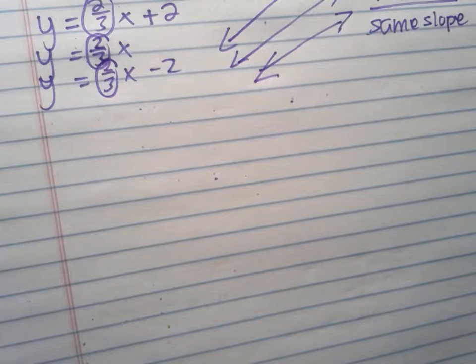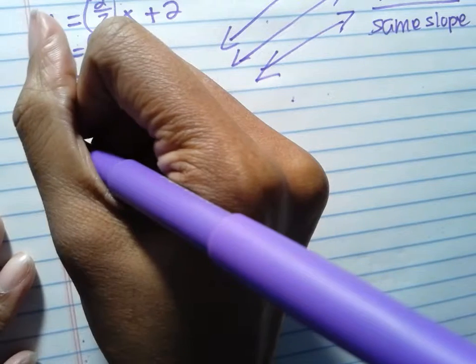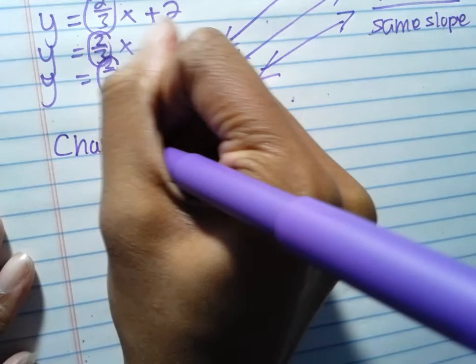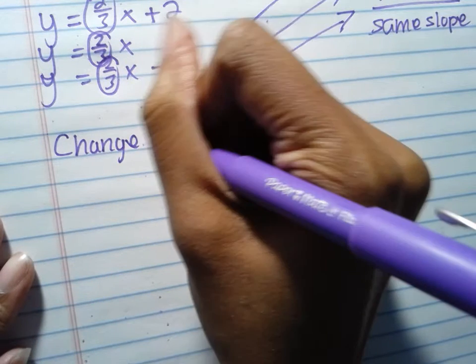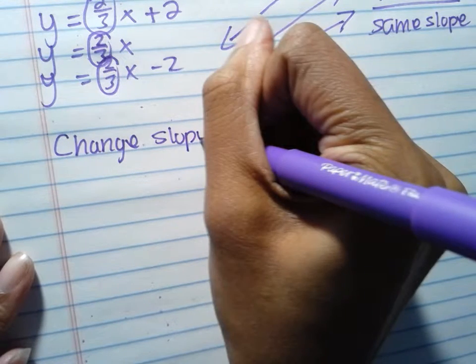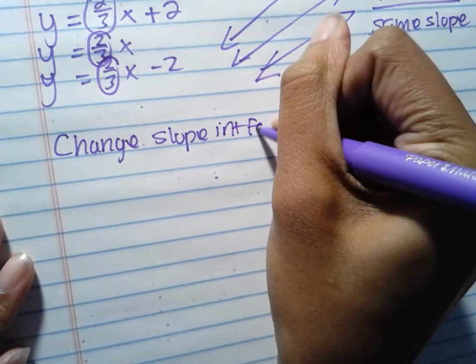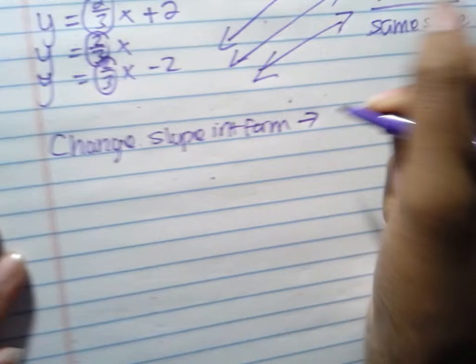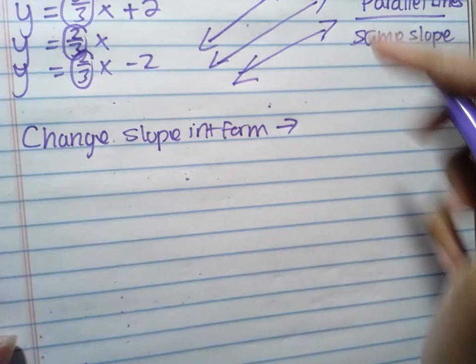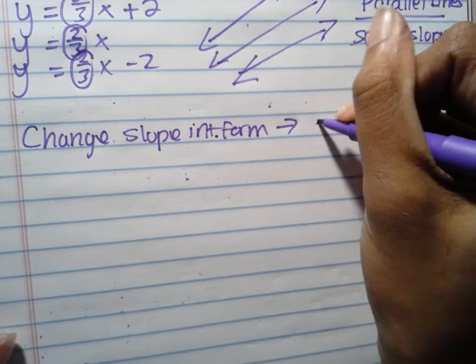Always read the instructions if they want slope-intercept form to standard form or standard form to slope-intercept form.